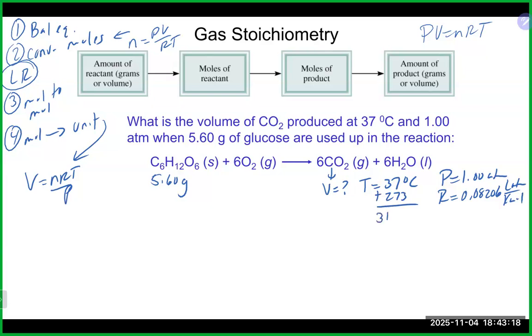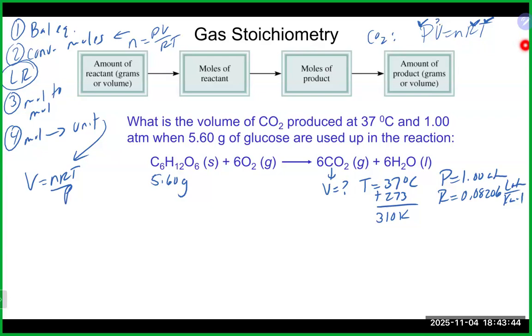So if we think about what is going on here in terms of our ideal gas law for CO2, we definitely have pressure. We do have temperature. We do have R. And that's about it. We're looking for volume in this case.